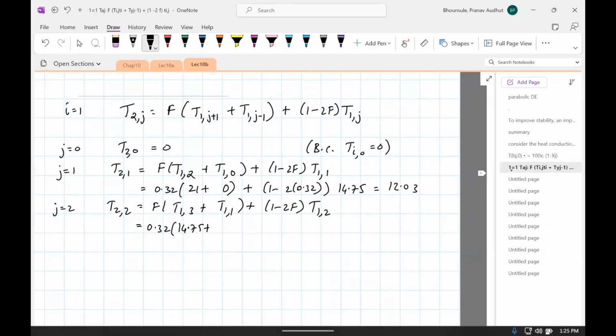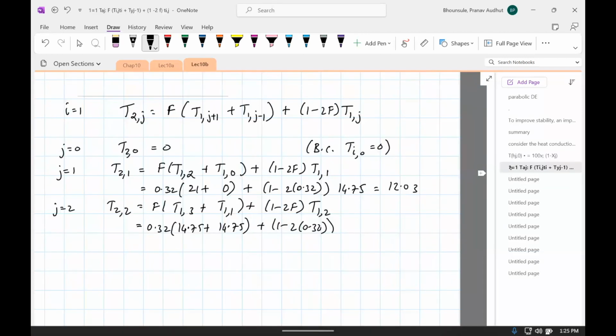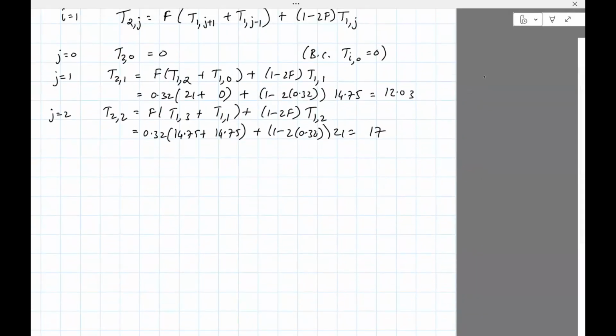T1,1 I believe is also 14.75. 1 minus 2 times 0.32. T1,2 is 21. So this is 17. Okay, so you just keep doing that. So j equals 3, T2,3. You write it down. The answer is 12.02. It's symmetric, so it will usually have to be the same.